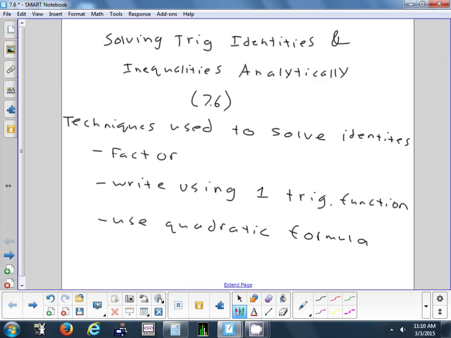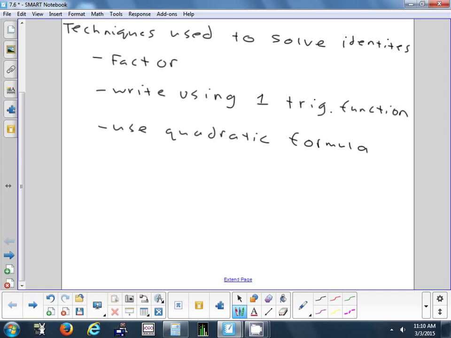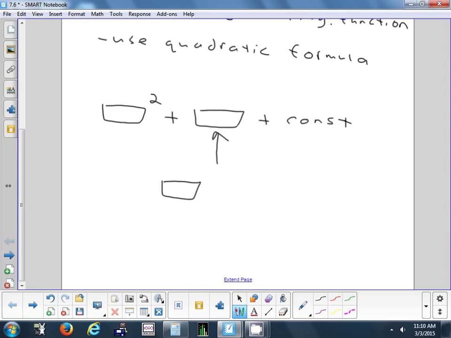Okay, just remember, when you use the quadratic formula, if you have something like box squared plus box plus a constant, you're solving for basically box equals. So if it was x's, like x squared plus x plus 6 equals 0, you're solving for x equals.